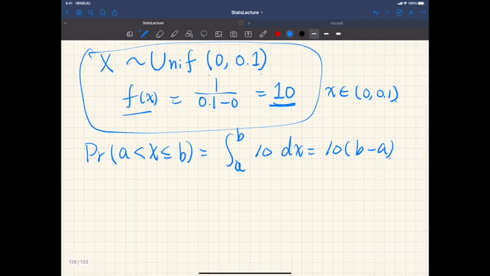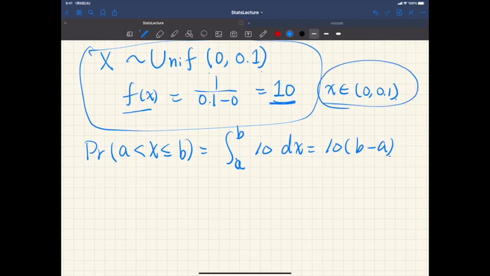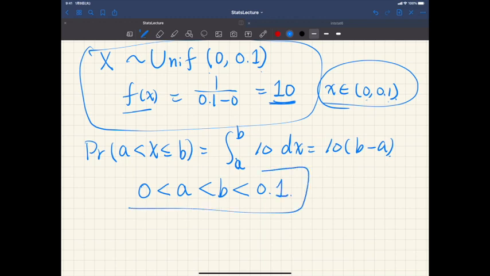Okay, but we're assuming this value x is between 0 and 0.1. So a is greater than 0 and less than b, and b is less than 0.1. So we have to assume this relationship, this order.